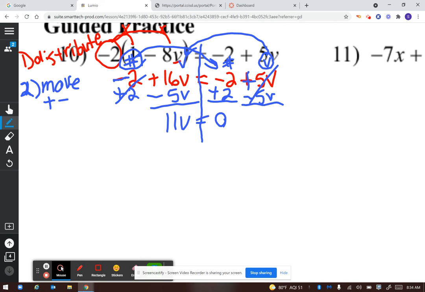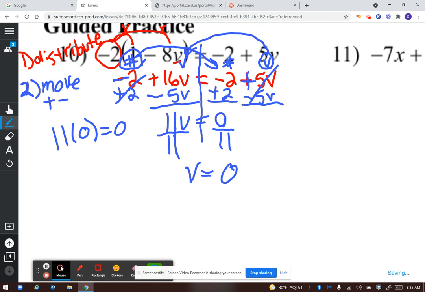You can say 11 times V is equal to 0, so that's true. Or you could just continue to divide by 11 and divide by 11, because the last step is to divide. But you'll still see 0 divided by 11 is equal to 0. So either way, V is equal to 0.